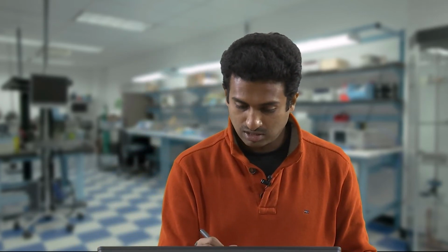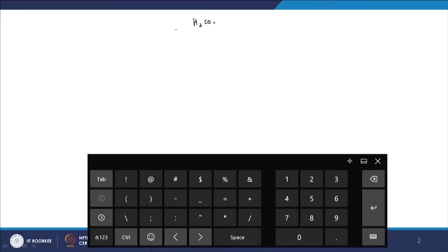So let's just look at why. I am saying that I am adding H2CO3 to the system. If I am choosing H total and CO3 total, what is the component balance going to be equal to? H total is going to be equal to 2 times the H2CO3 concentration added initially, and CO3 total is going to be equal to 1 times the H2CO3 added initially.